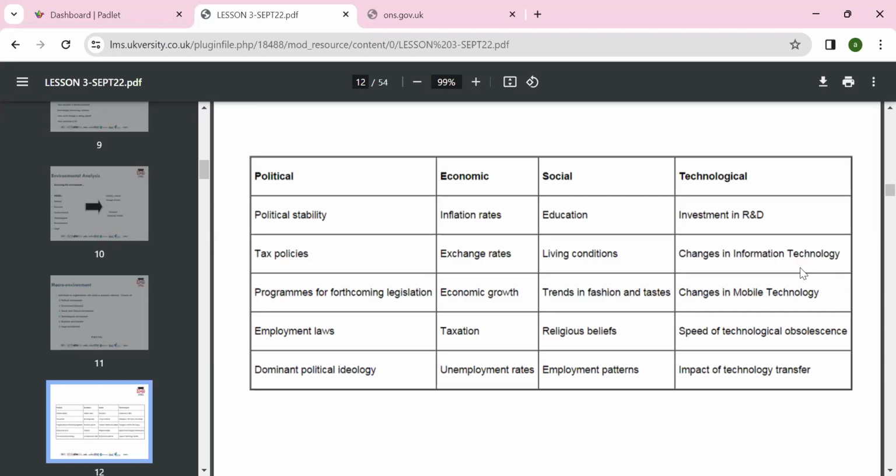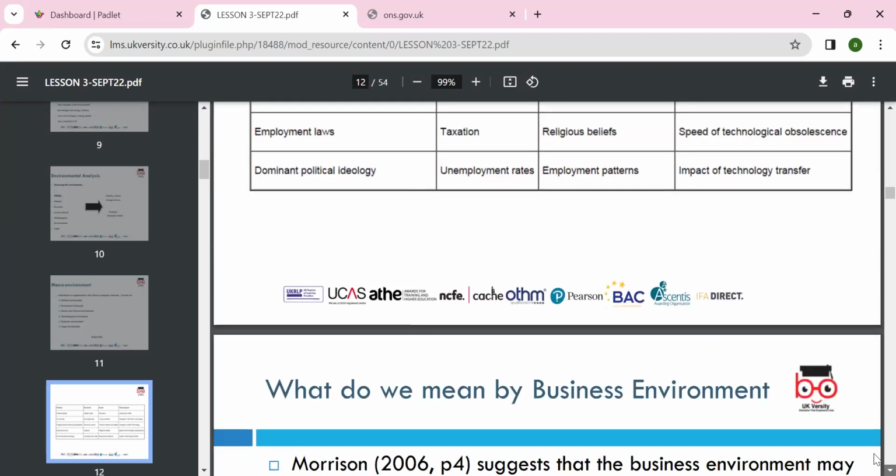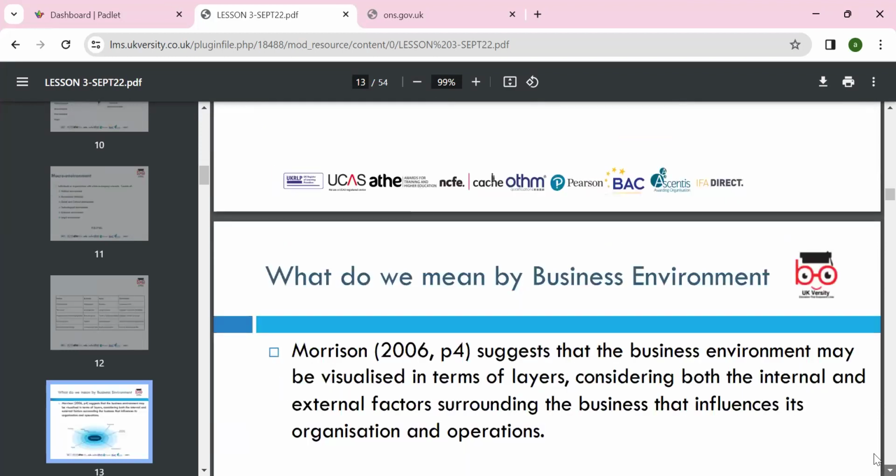We're moving from 3G to 5G networks, artificial intelligence, augmented reality, reverse engineering. We can look at FDI, a lot of foreign direct investment in these technologies, and we have an impact. According to Morrison, the business environment may be visualized in terms of layers, considering both internal and external.